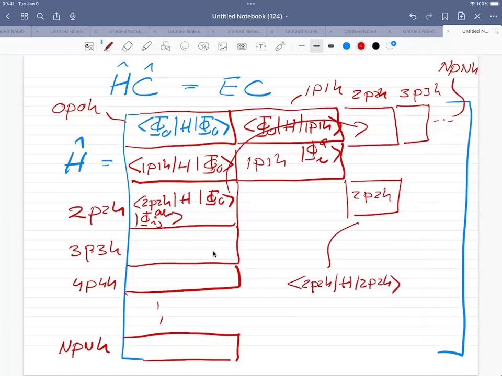So if we have 1,000 one-particle, one-hole states, this will be a 1,000 times 1,000 block. Now, these blocks can have different symmetries, which will allow you to reduce the dimensionality of the problem.